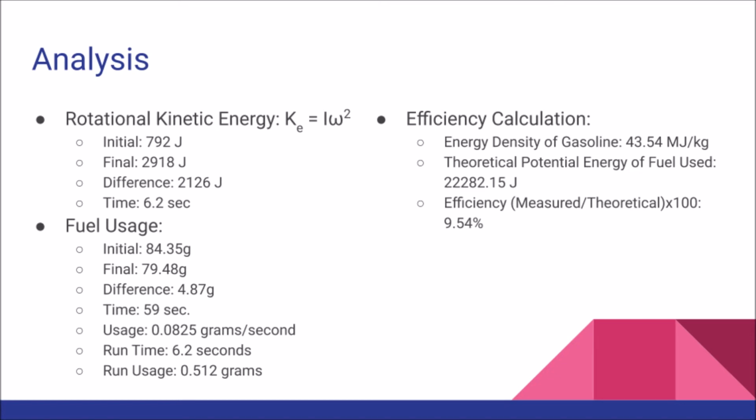This fuel usage was determined to be 0.0825 grams per second, and to determine the theoretical potential energy of the gasoline used in the run, we used the energy density of gasoline, which is 43.54 megajoules per kilogram, and found that there was a theoretical potential energy of 22,282.15 joules. Using the measured mechanical output and theoretical potential input, we calculated that the engine was 9.54% efficient.